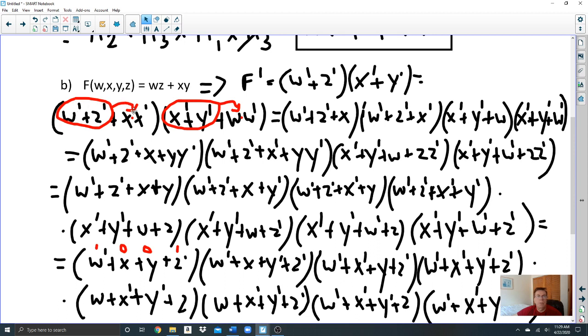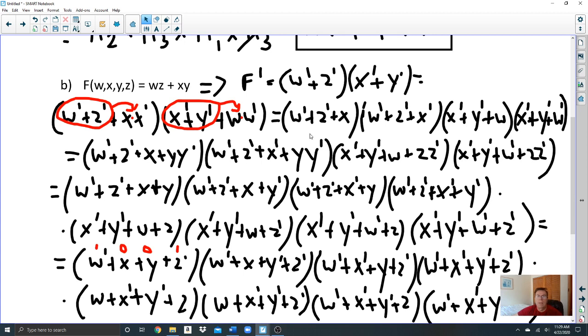Then I'm using the distributive law to break up those terms. So we're going to have w prime plus z prime plus x, w prime plus z prime plus x prime right here. So this parenthesis becomes these two. And this parenthesis right here becomes these two.